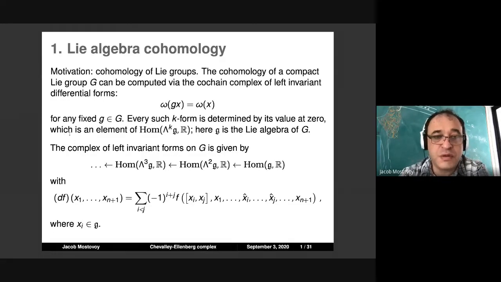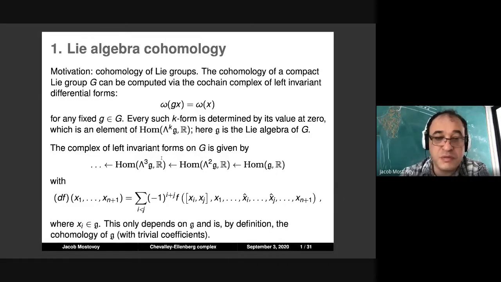So the complex of left invariant differential forms explicitly is written like this, and the square brackets that appear in the expression for the differential are the brackets of the Lie algebra of your Lie group. So this only depends on the Lie algebra, and by definition, this is the cohomology of a Lie algebra G with trivial coefficients.